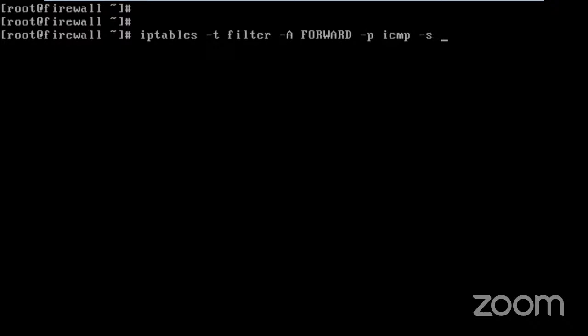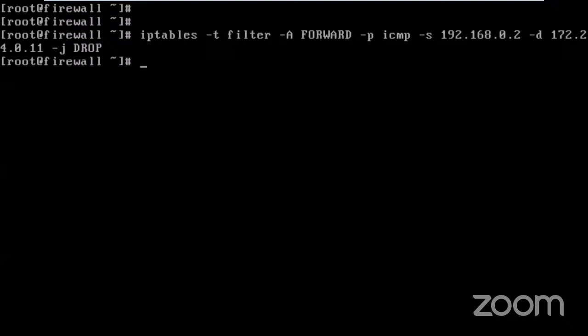What is the source address? 192.168.0.2. This is the source address. And what is the destination address? 172.24.0.11. Then what are we going to say? -j.